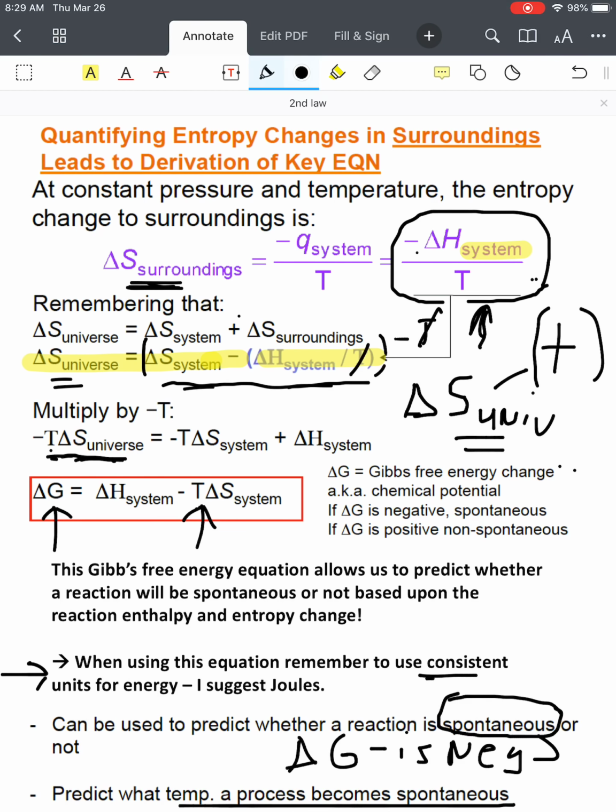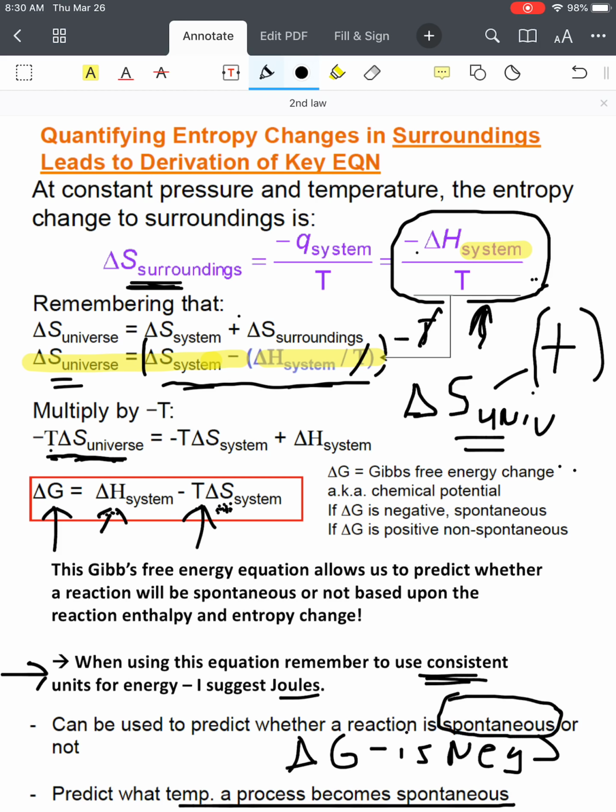I'm going to suggest that everybody uses joules of energy for both our delta S, which is built in, and our delta H. Now this one's the one that's going to cause you trouble, the delta H. Because I mentioned earlier in this lecture that the delta H term is usually in kilojoules per mole when you solve for it. Kilojoules per mole, or thousands of joules per mole. But the delta S usually has joules associated with it, okay?